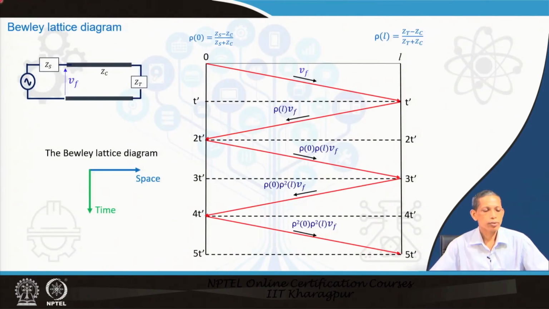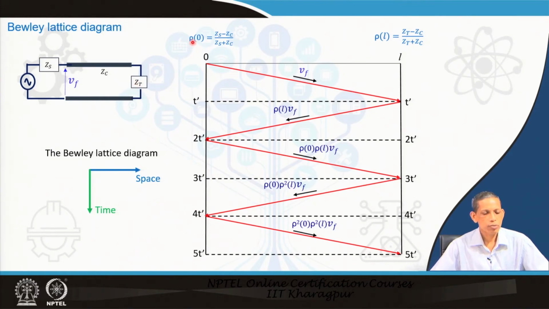Now, let us see how Bewley's lattice diagram works. That will clarify the reflections. Let us say here we have a source having an impedance of Z_s, and a voltage is injected at this point. There is a characteristic impedance Z_c of the line, and a terminal impedance Z_t at the termination.